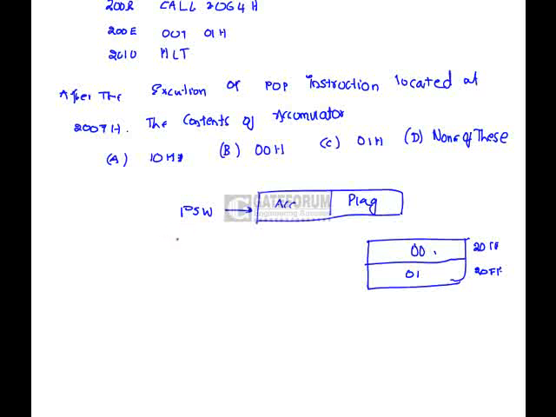So pop PSW means this is 00, this is 01. Pop PSW means the lower order byte is loaded into the flag and the higher order byte is loaded into the accumulator. So the accumulator content after execution of this particular instruction is going to be 00. That is option B is correct.